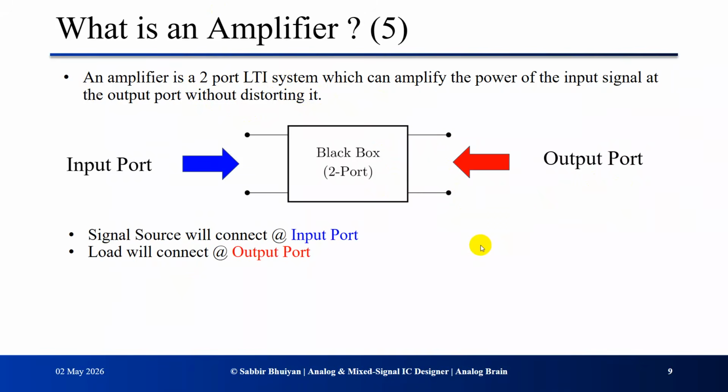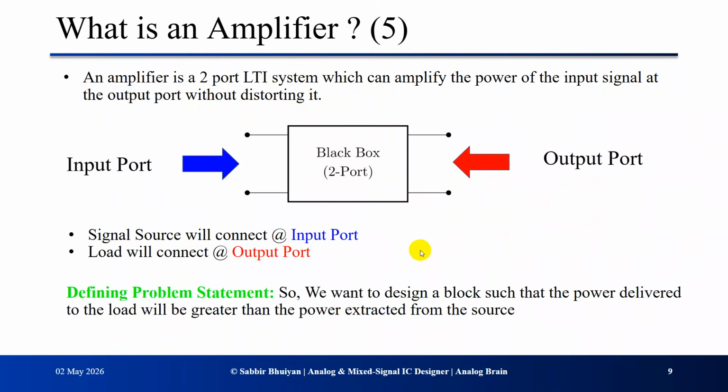Now the problem statement, which is what we will design to: we want to design a block such that the power delivered to the load is greater than the power extracted from the source. So this is the BMR, the bare minimum requirement: power gain, not voltage gain, not current gain. This framing is important because it immediately raises the next question, which is where things get really interesting.